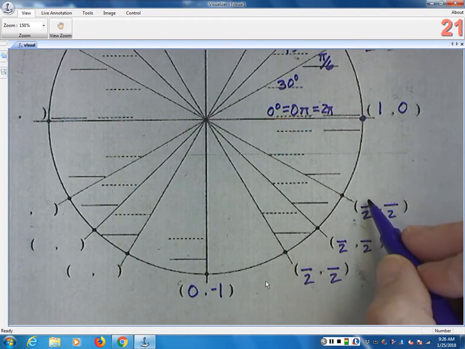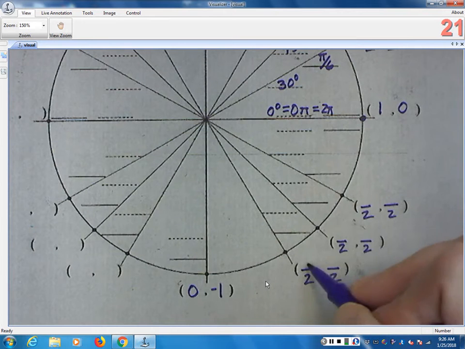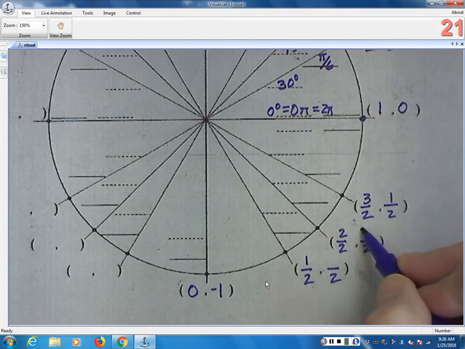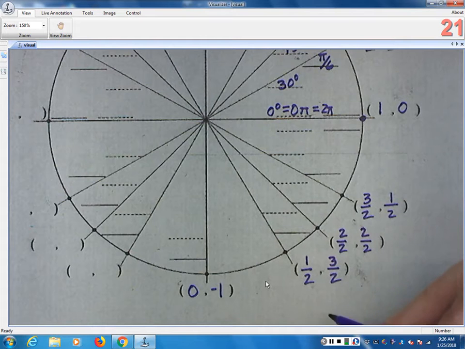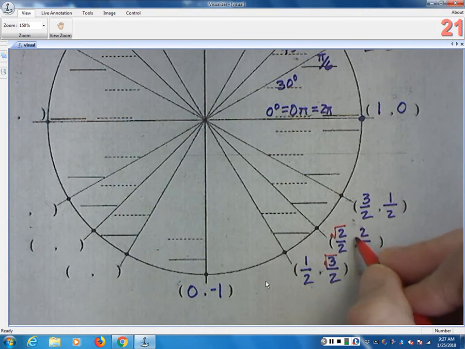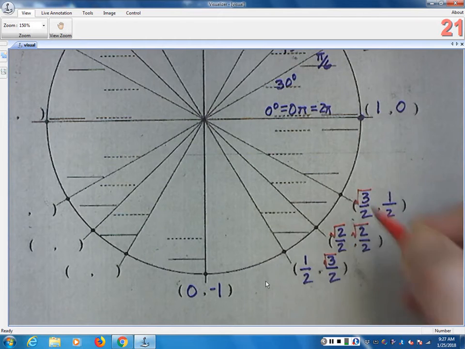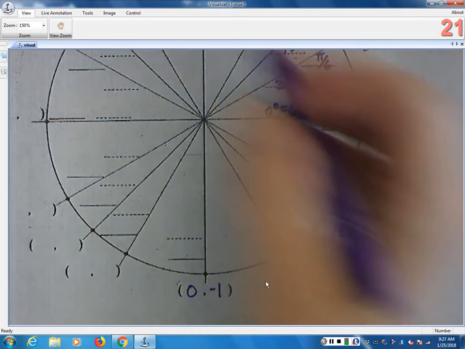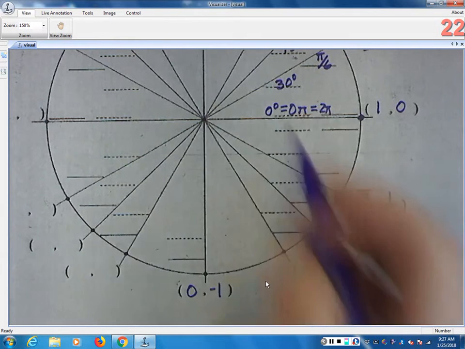We have to add the negative signs in. It's 1, 2, 3, 1, 2, 3. Okay, and you have to take the square roots of all of these. So there is a pattern. You know, and this is negative 30 degrees or whatever. This is 360 around the whole thing.